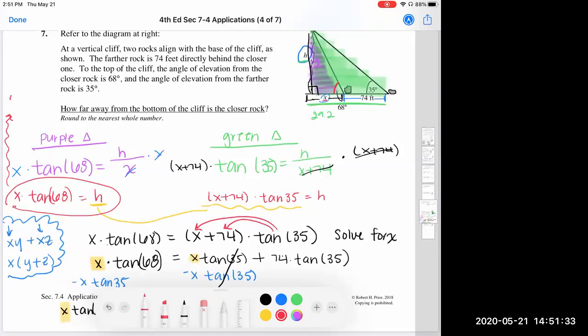So we have 29.2 times tangent of 68, and that's our answer. 29.2 times tangent of 68. So our answer is 72.3. It's a long number. So our final answer, h, is 72.3.